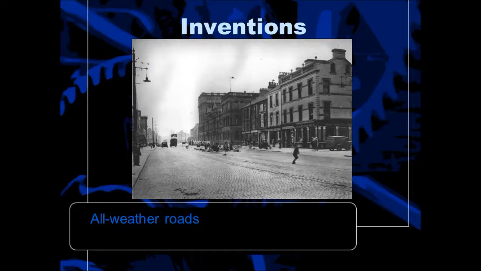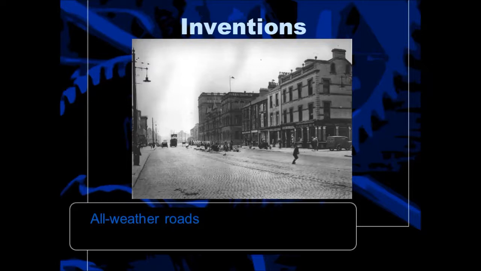All-weather roads were a really big deal too. Today we don't think anything of it, but think about it. Before you had roads that actually stayed in place, you had to worry about summer storms and spring rains, which would turn the roads into a foot thick worth of mud that you couldn't get a horse and buggy across anymore.